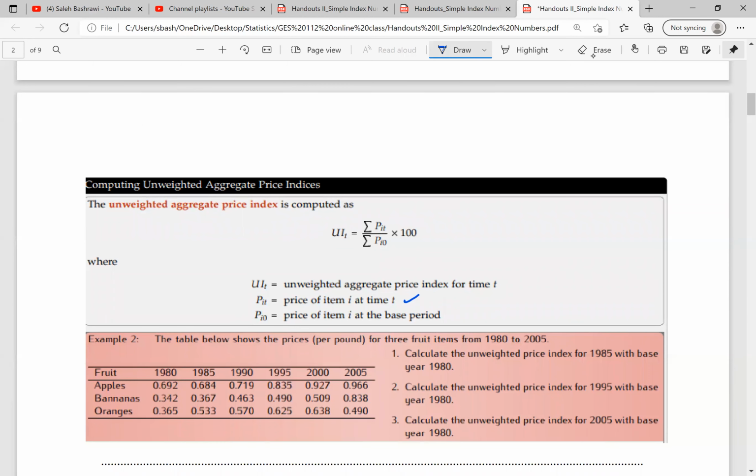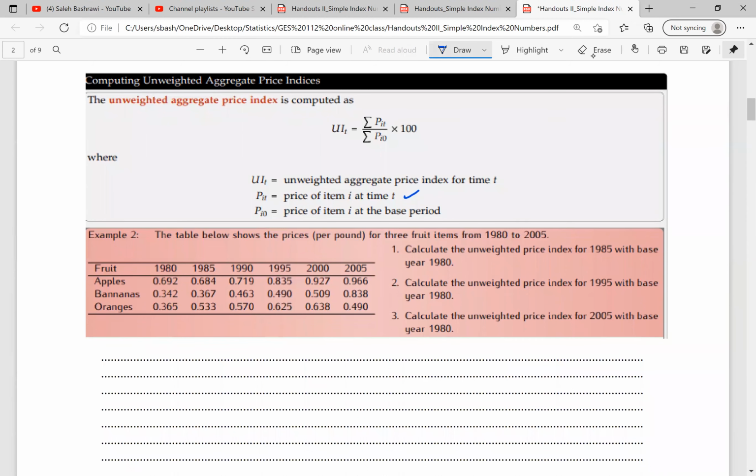We're speaking about the unweighted aggregate price index. So it's just a direct application of the formula, which is this one.